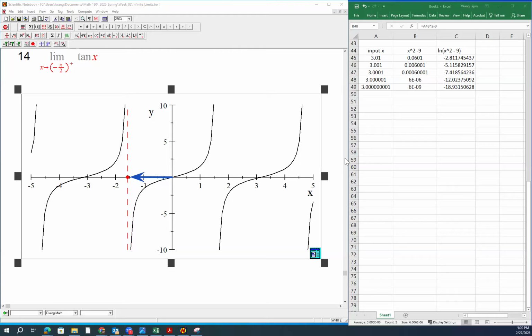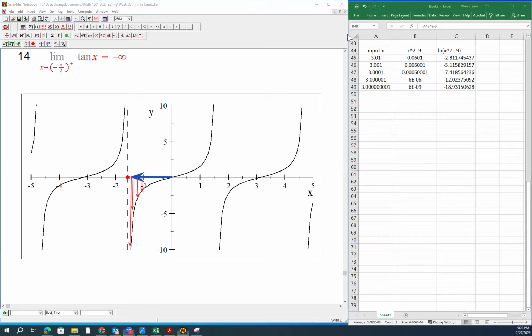The output is going to be getting lower and lower and lower yet. You guys follow me? So of course, this limit will be approaching negative infinity. That's how we observe the picture.